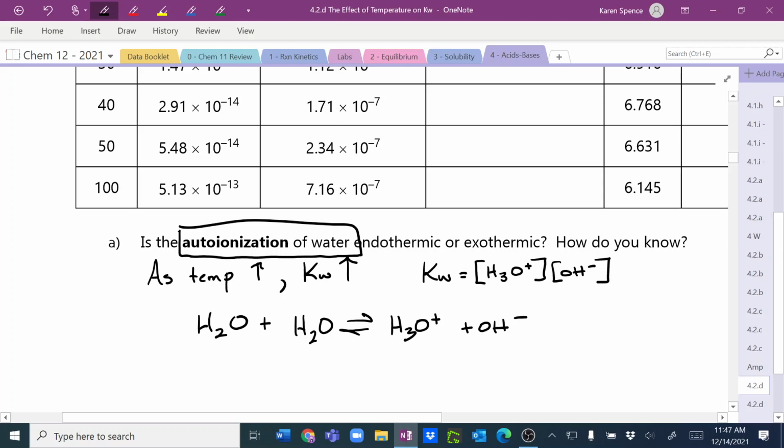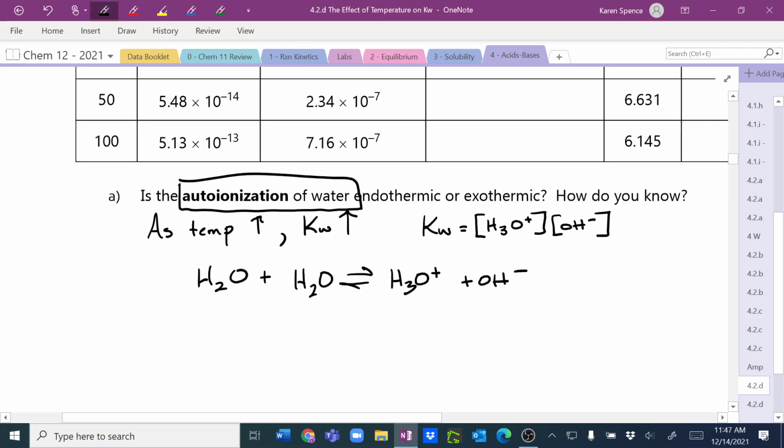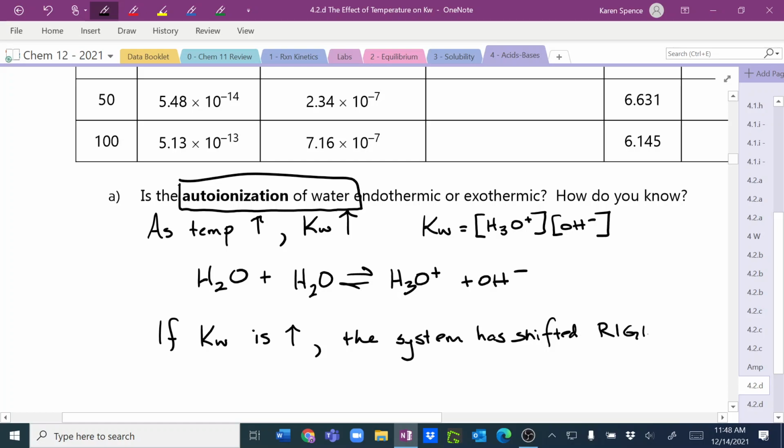And so if Kw is increasing, that means the system has shifted to the which way? Right. So where's the heat term? As temperature increased, Kw increased.